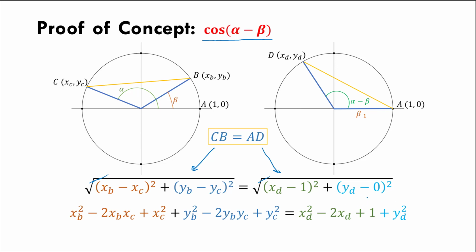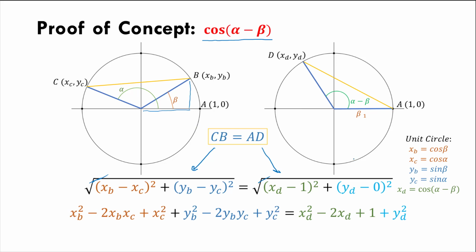Now, keep in mind, since I'm working with a unit circle here, all these x and y values are actually equal to cosines and sines of alpha and beta. Look at this, xb is equal to the cosine of beta, and yb is equal to the sine of beta as well.